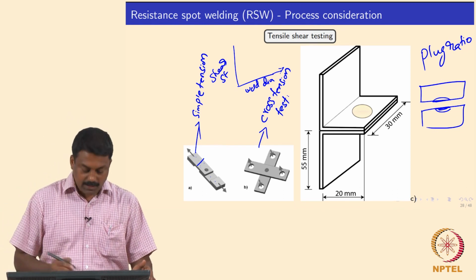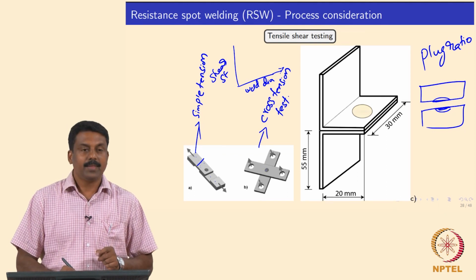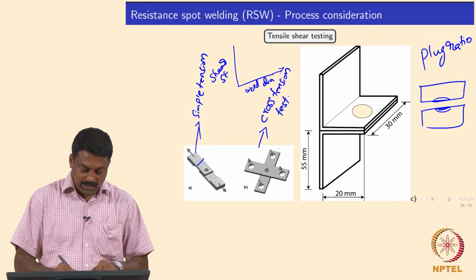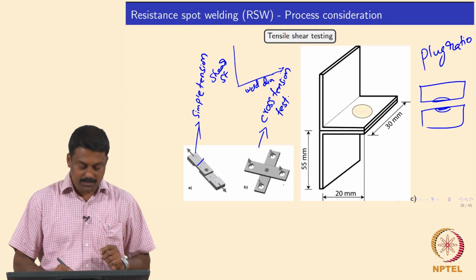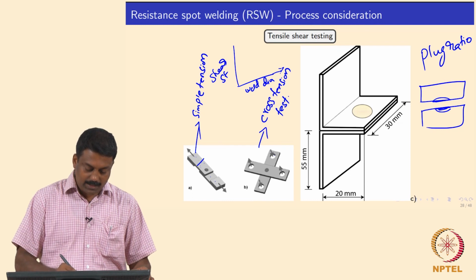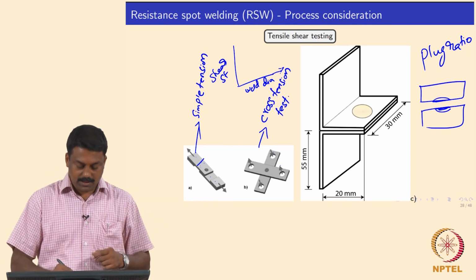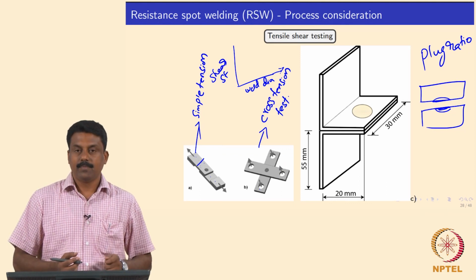So, in this case we make sure that the majority of the load you are applying is applied to the weld. Okay. So, you make cross samples, there are some standards, they are controlled. So, you make a weld in such a setup and then you apply a tensile load. For example, you pull the top in tension and similarly the bottom in tension. Okay.